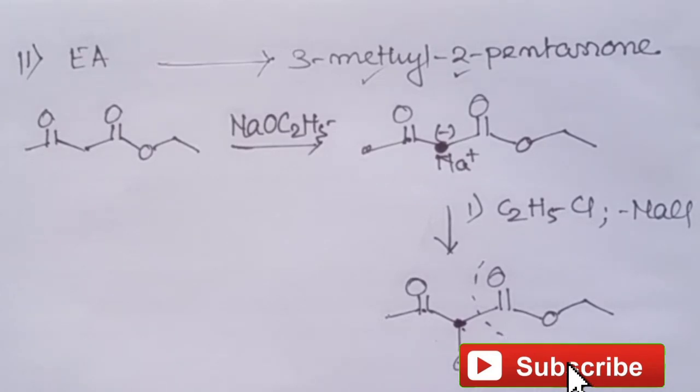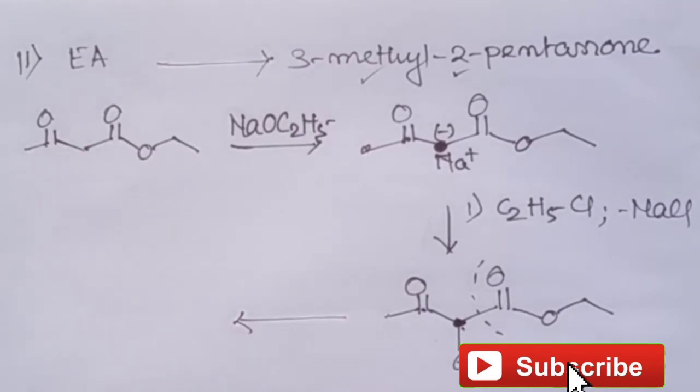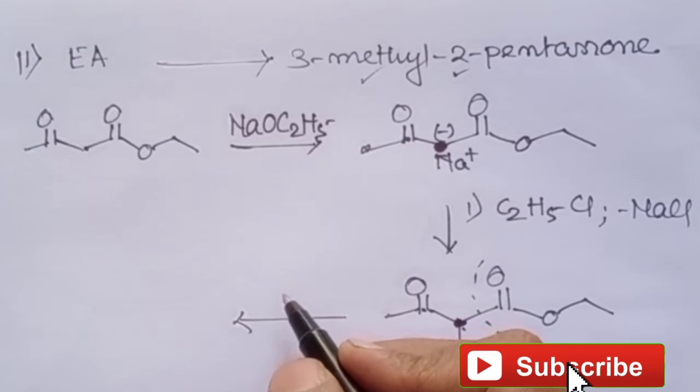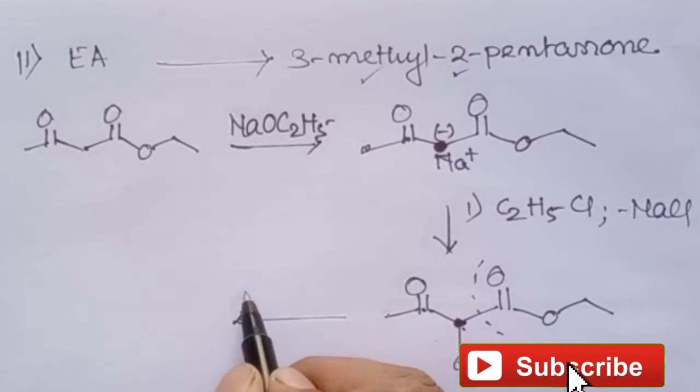So for the preparation of 3-methyl, I will repeat the same process by applying another base. This time the base should be a stronger one. For that, I will place potassium tertiary butoxide.